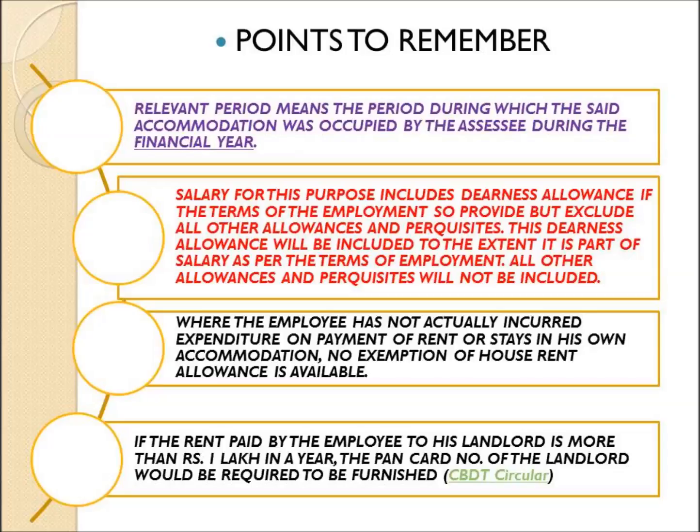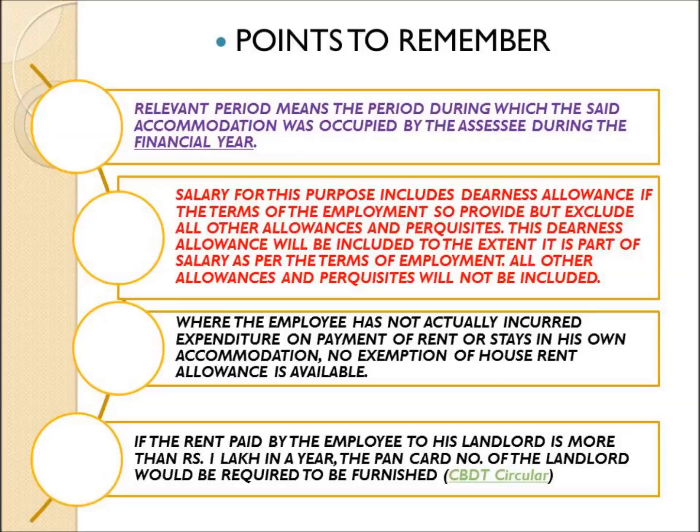And number two, if I am not actually incurring expenditure on payment of rent, like due to any case I am not liable to pay the rent of my accommodation, then also the HRA will not be exempted. So these are the two cases in which the HRA will not be exempted. Number one, if I am not actually incurring the expenditure on payment of rent of my accommodation, or if I am staying in my own accommodation and I am not liable to pay any rent for that accommodation, so no exemption of HRA allowance will be available.